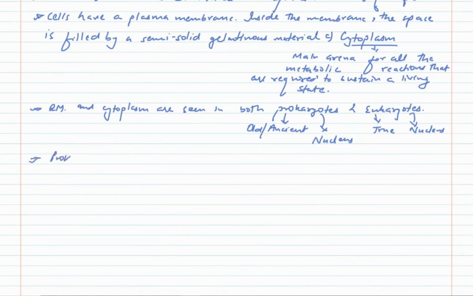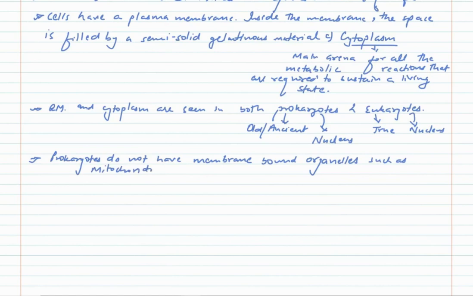Prokaryotes do not have membrane-bound organelles such as mitochondria, endoplasmic reticulum, etc. And there is no well-defined nucleus, which is why they are known as prokaryotes.